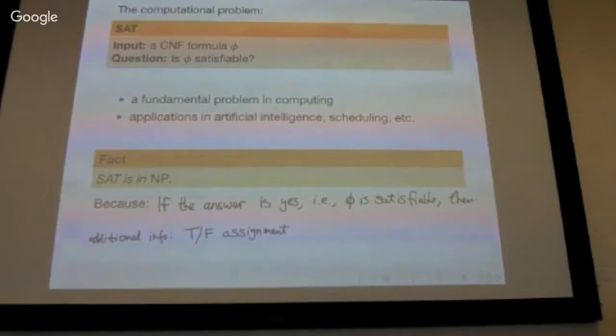If I give you a list of which variable gets true and which variable gets false, then you can easily check whether it actually is a satisfying answer. Let's go through each clause. Oh, this one says it's true, this one says it's false, this one says it's true. So I get it true. The next one, oh, it says this. Okay. Like this, you go through. And it's easy to check. And it's quick time to check.